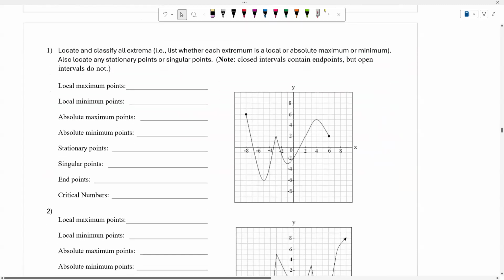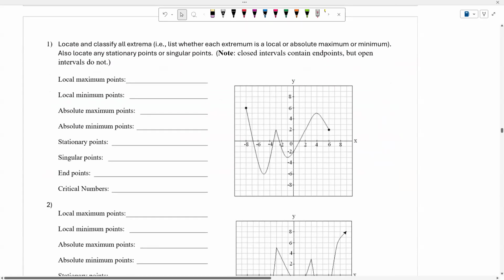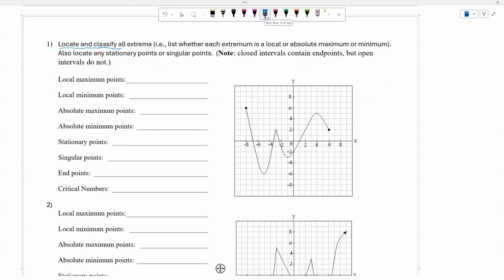Now let us try to work on the following example. In this example, I would like to locate and classify all extrema, meaning absolute maximum, minimum, local maximum, and minimum.